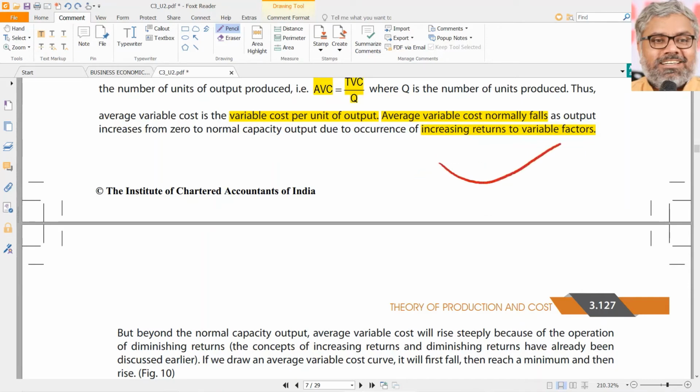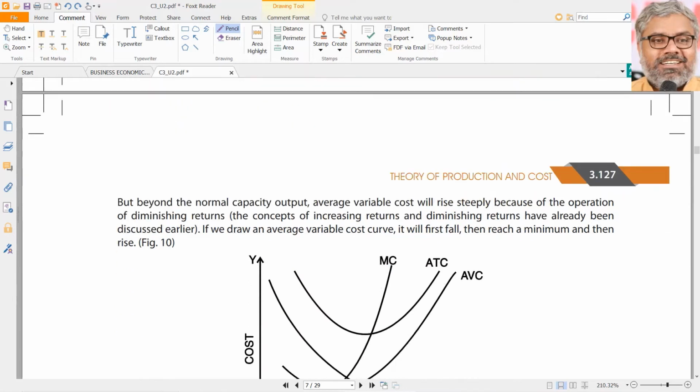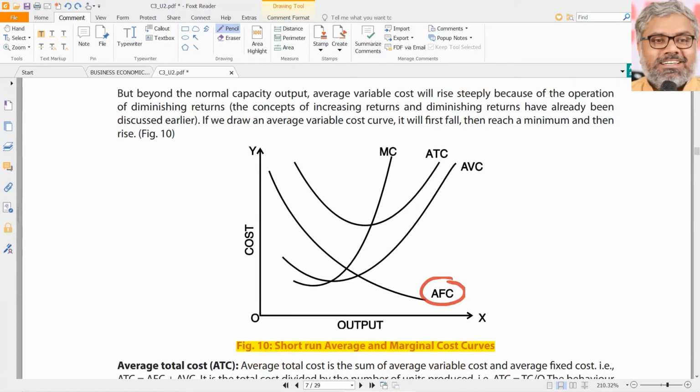Now the direction of cost curves will be like this, because these are opposite. When it is doing a fantastic job, the cost will become lower and lower. When it is not doing a good job, the cost will become higher and higher. So when the increasing returns to the variable factors was happening, what happened to the average variable cost? Look at that. At that stage, it has started declining. That is average variable cost.